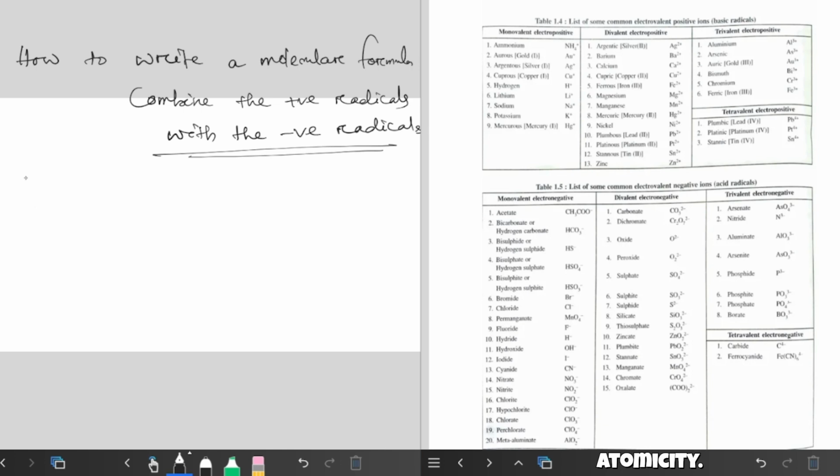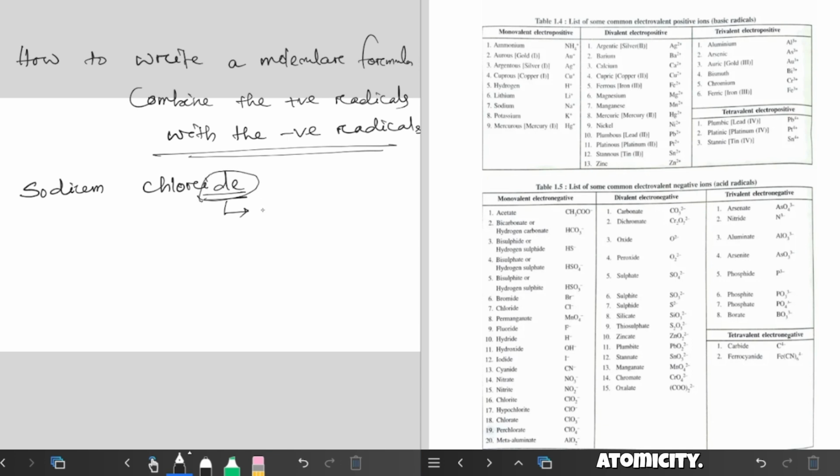Let's start with a very simple example, sodium chloride. Remember, here we are going to write the radicals only. Before writing the electronegative radical, let me tell you the significance of the term IDE.